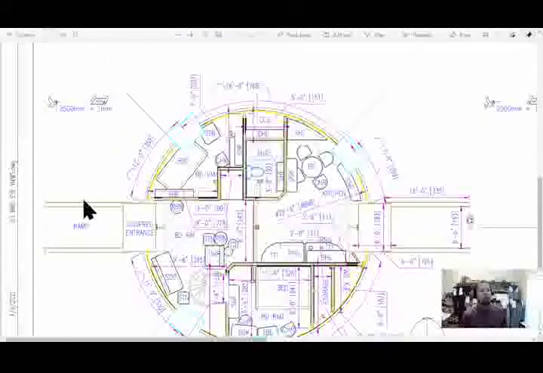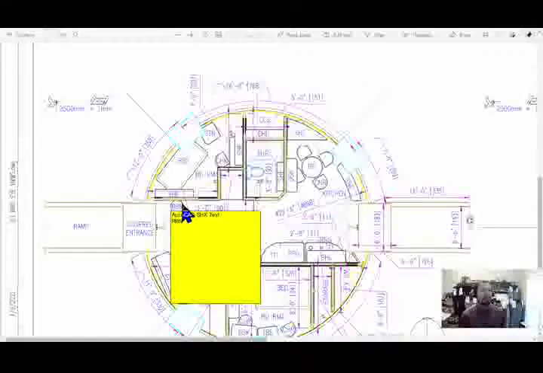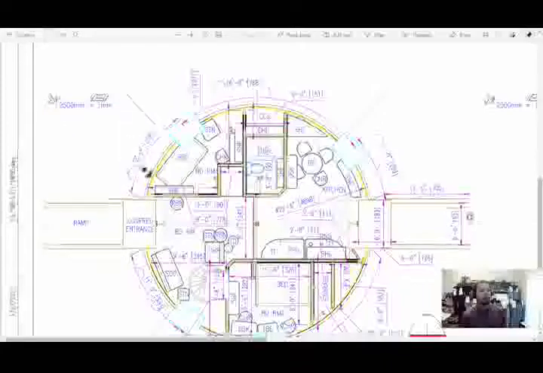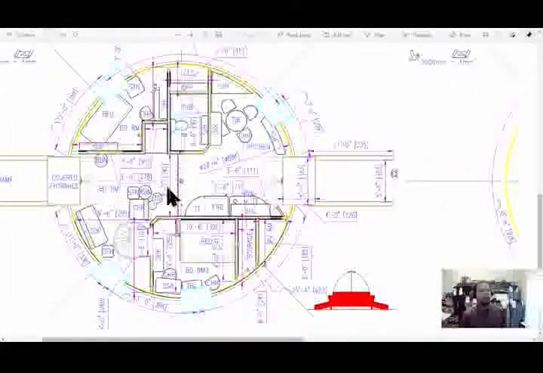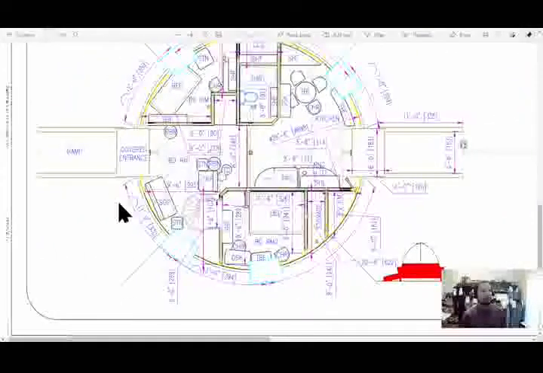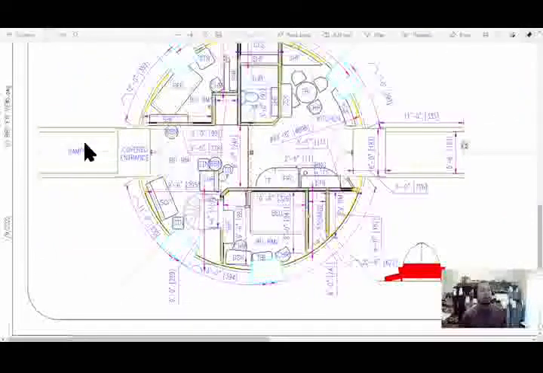Of course, this one is not the latest version. I could tell because this measurement here I changed to centimeters. However, it shows what I need to show right now.